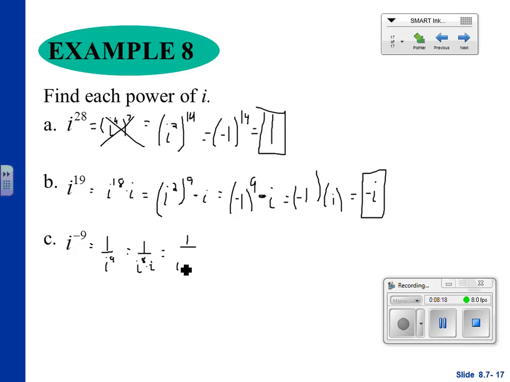We know i squared, if we raise it to the 4th power, 4 times 2 gives us the 8, times i. Replace i squared with -1. And again, if we have an even number of -1s, it's going to make it positive. So this is just 1 over i, or you could write it as i to the -1. Either one of those would be good answers.